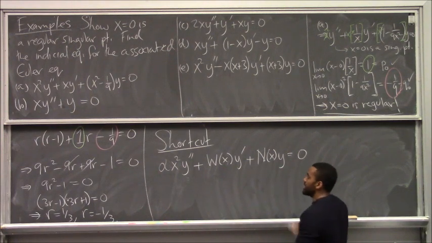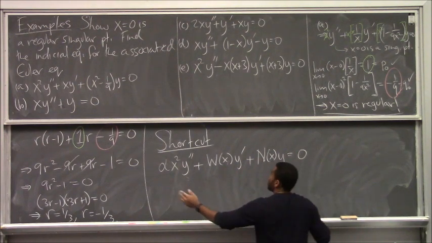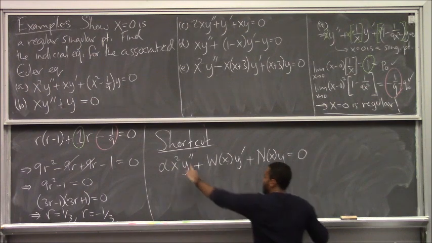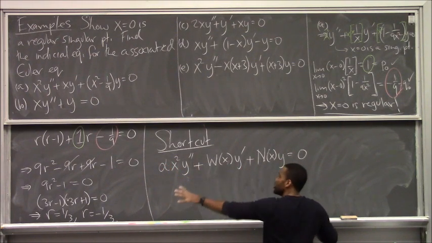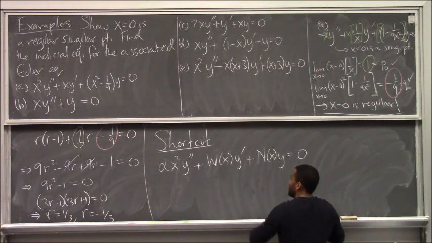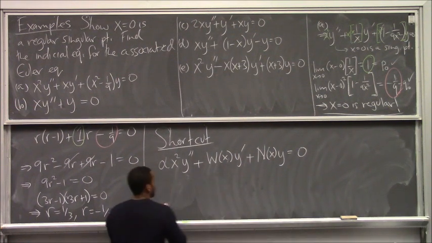Let's say I could get the first guy to be like an x squared, meaning divide through by whatever was here, and then multiply it through by x squared. And this is just a new guy I'm looking at that has that form. Here's how you can get to the indicial equation.